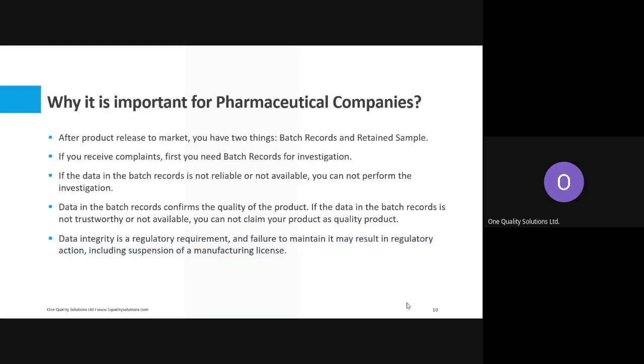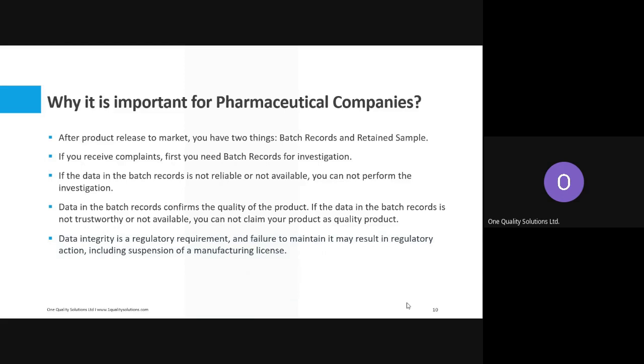So, why is data integrity important? After the batch release to the market, you have two things: batch records, that is, we say BMR or batch packaging records, and the retained samples. These two things you have in your hands.